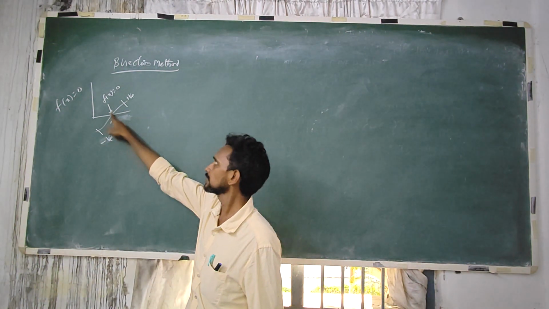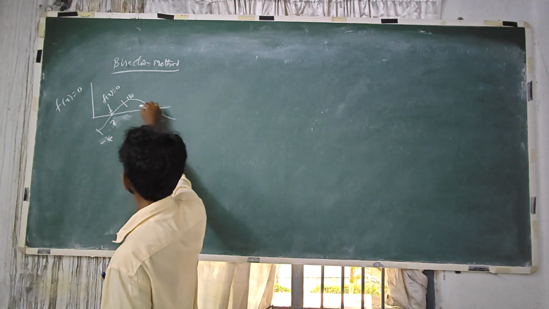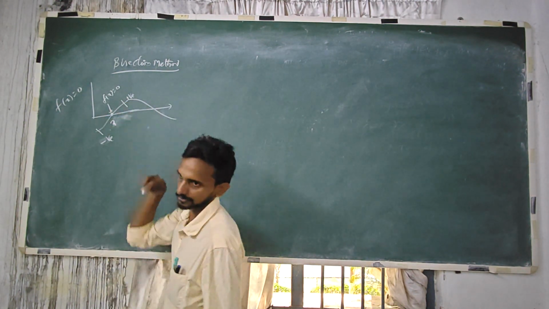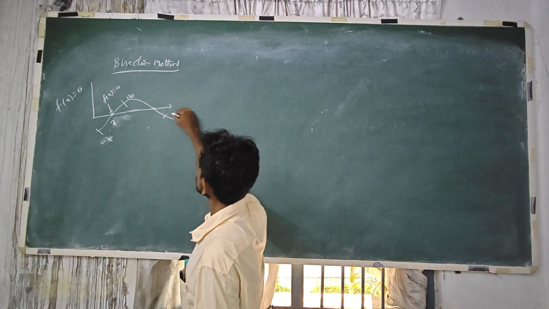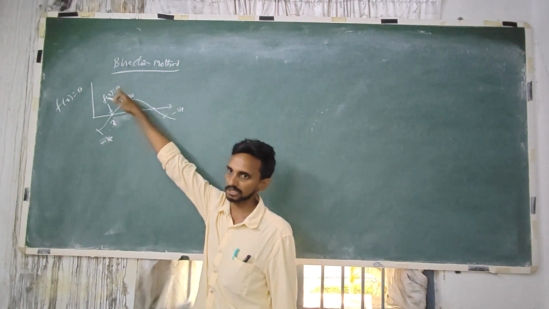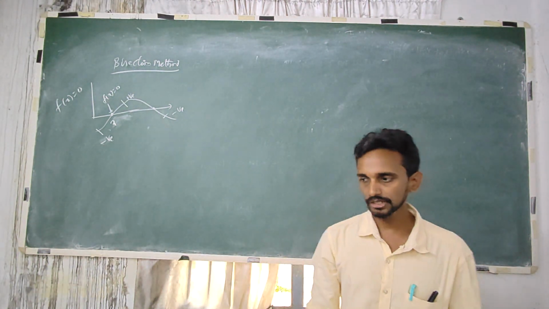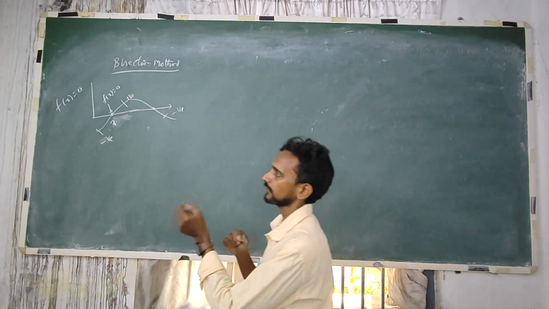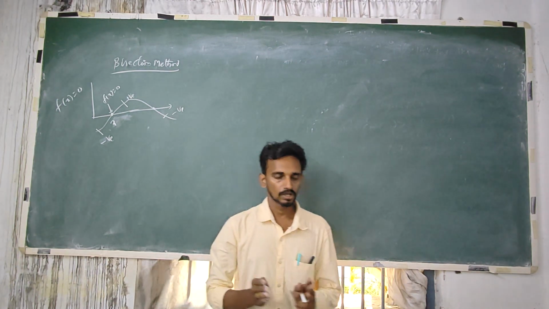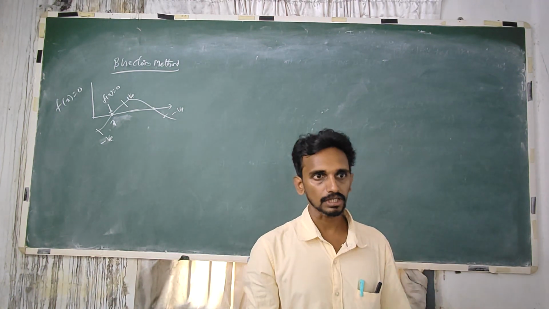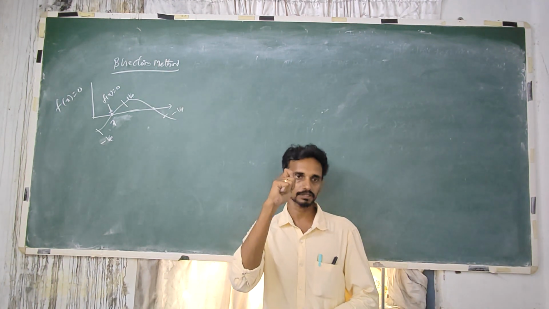On one side you will have a negative function value, and on the other side the function value is positive. And if this is the solution, the same situation occurs: on one side the function has a positive value, on the other side negative. So you need to identify the interval where the function changes its sign. Once you supply that interval, it will identify the solution that exists in between.